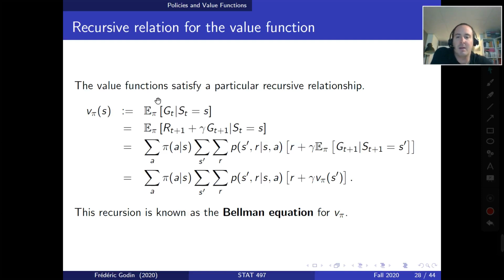So it's your expected return given you start in state s and that you follow policy pi for all subsequent actions you take. Again, we can replace the return here at time t with what we obtained in the recursive relationship a few slides ago. Here, the return at time t is your next period reward plus the discount factor times your next period return.